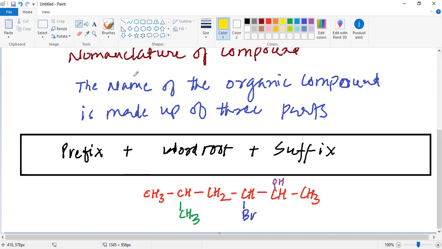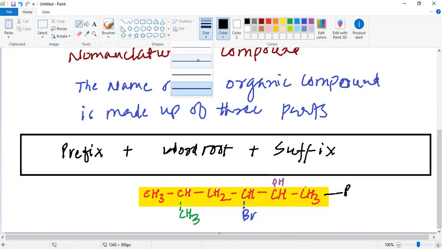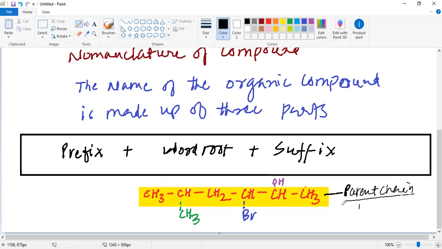Now if you really look into this, this is what it represents, the parent chain. From this the word root comes.